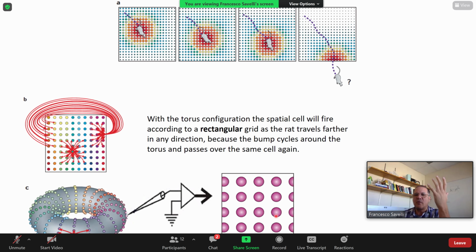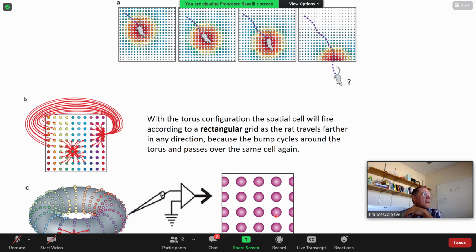And when we record grid cells, the grid is hexagonal. It's not a square. There's no such thing. So this model is wrong, but can it be rescued? Does it still say something about how they're organized?